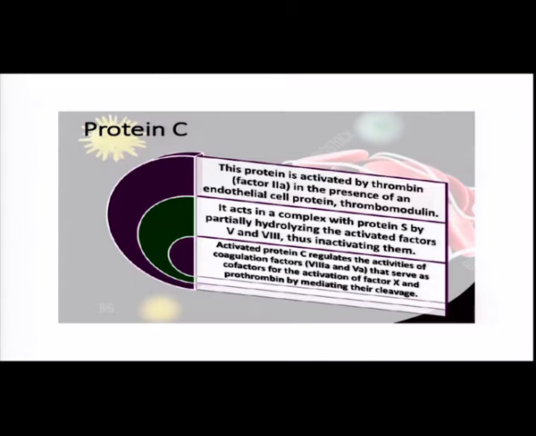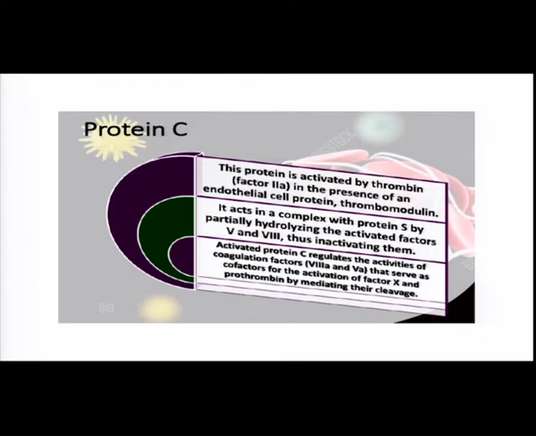That's the point we have been trying to emphasize, how vitamin K is so closely associated with all these functions. Now we are going to look at how this mechanism proceeds further.